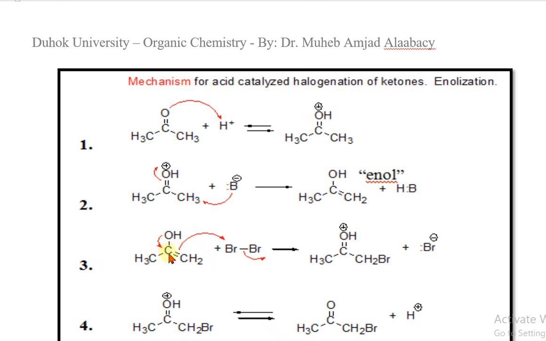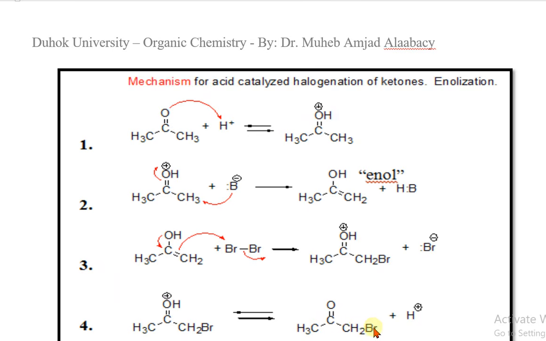The enol form again shifts electrons to make a double bond, and the double bond takes a halogen from the Br2 to give you this intermediate. Then deprotonation removes the proton from the oxygen to give the final product, which has a halogen on the alpha carbon.